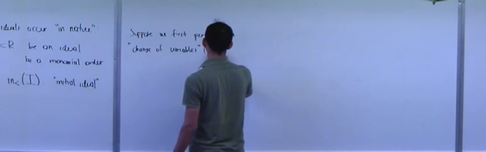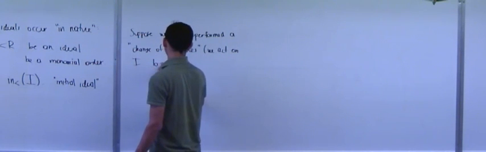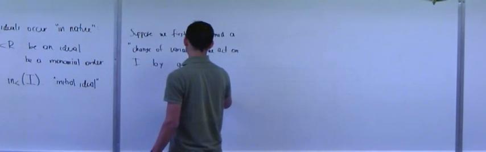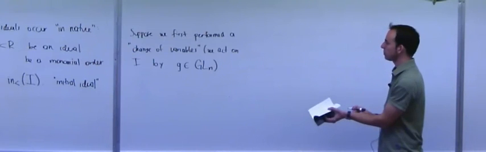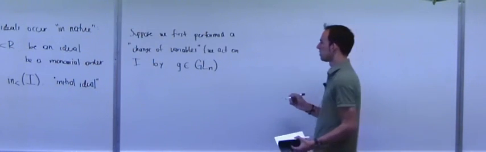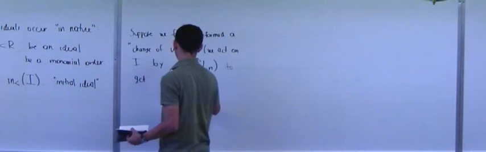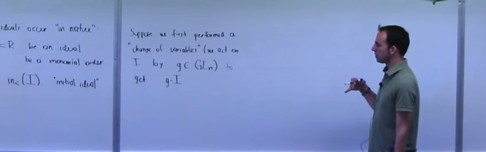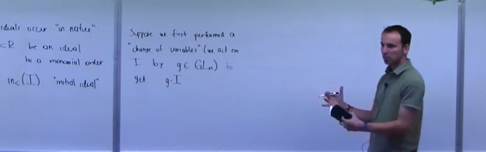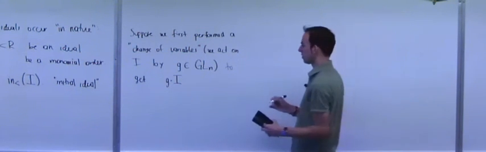In other words, we act on our ideal by a certain matrix, which is the matrix of change of basis. Then we get something that we call gI. And let's suppose that now we take the initial ideal, but we do that after this change of basis.